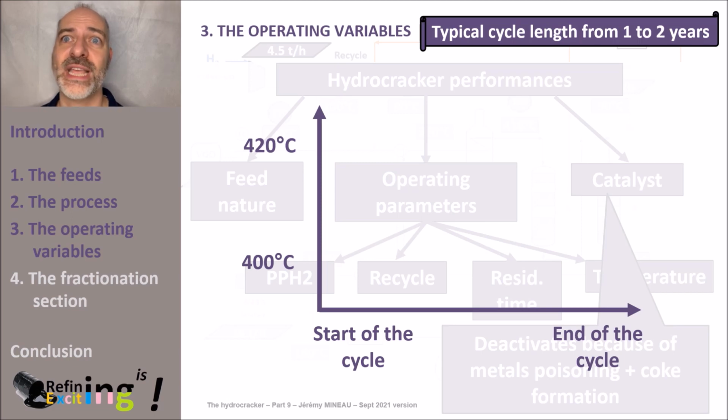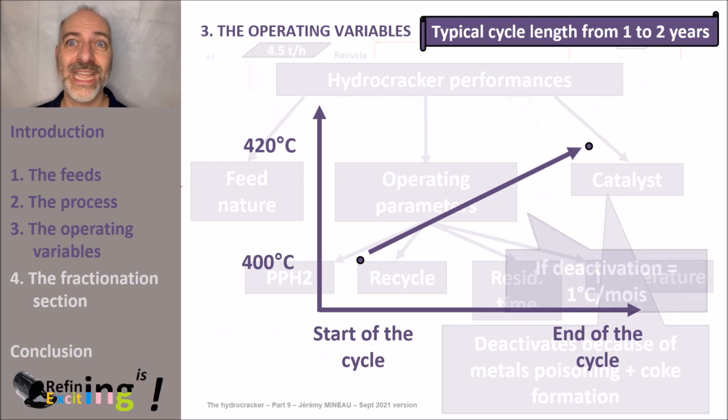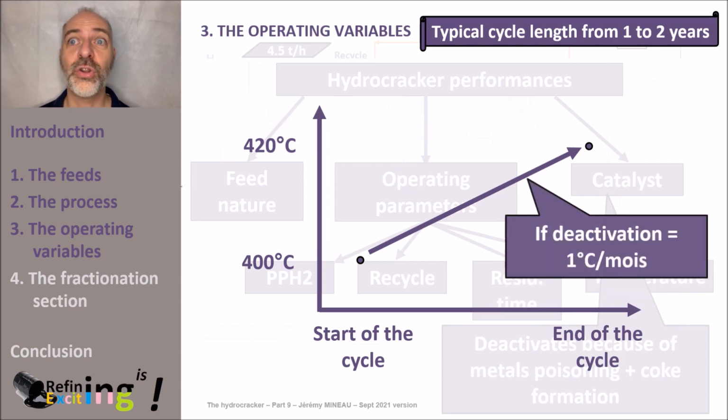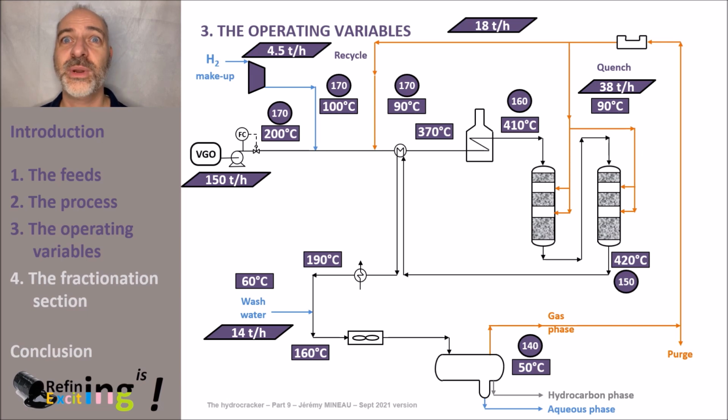Indeed, for a start of a cycle, one would have a lower temperature of about 400 degrees C. Thus, we can say that we have a temperature range of 400 to 420 degrees C, or an operating window over the entire cycle of 20 degrees C. And if we say that we deactivate at 1 degree per month, the resulting cycle length will logically be close to 20 months.